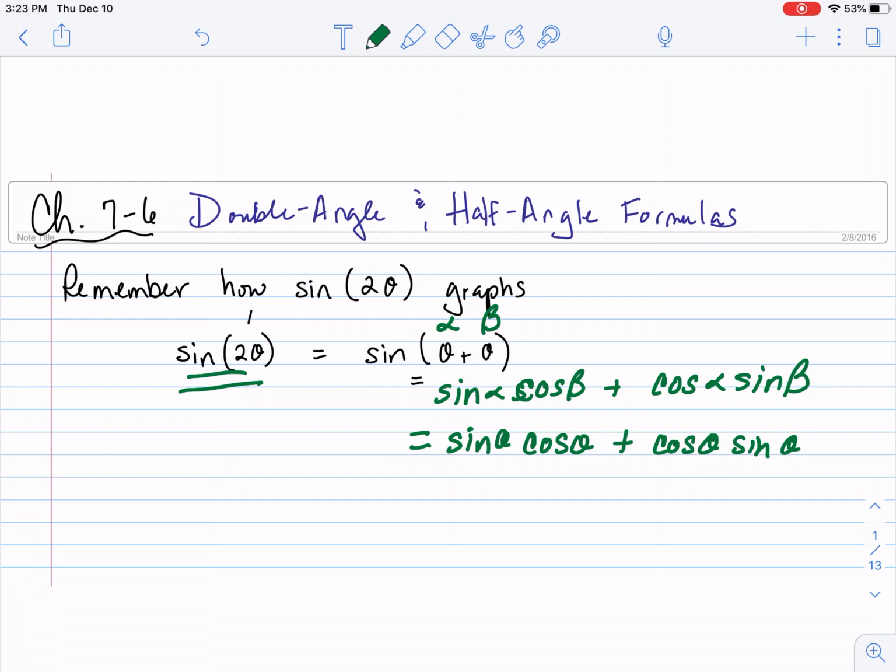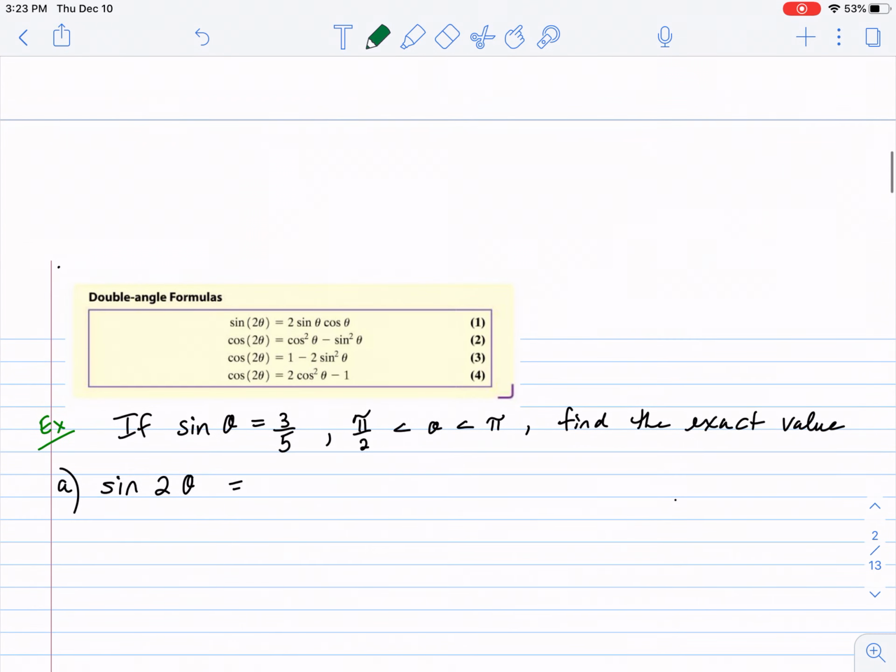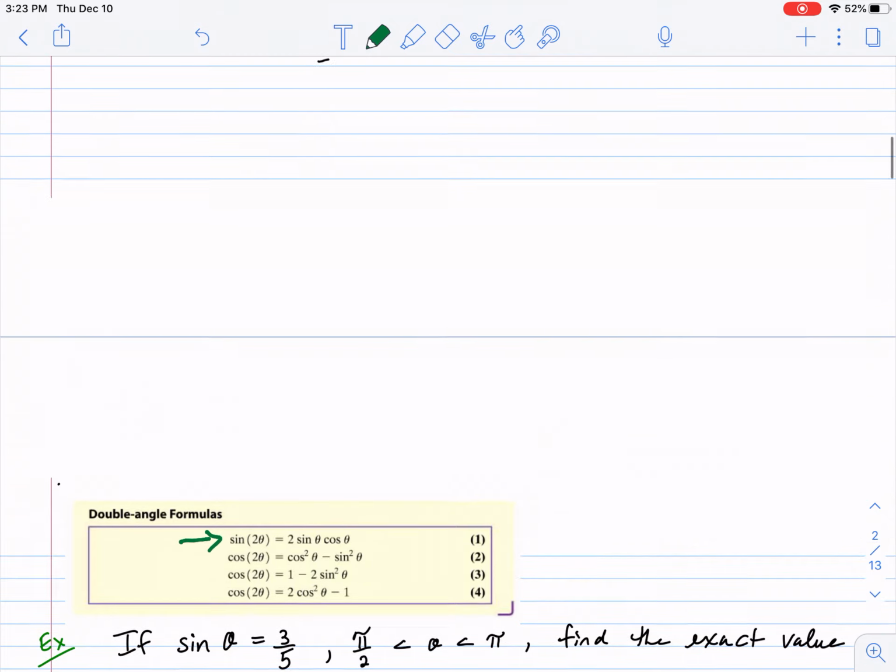Now those are like terms that I can add together, and I just get 2 sine theta cosine theta. That is actually a formula right there: the sine of 2 theta is equal to 2 sine theta cosine theta.